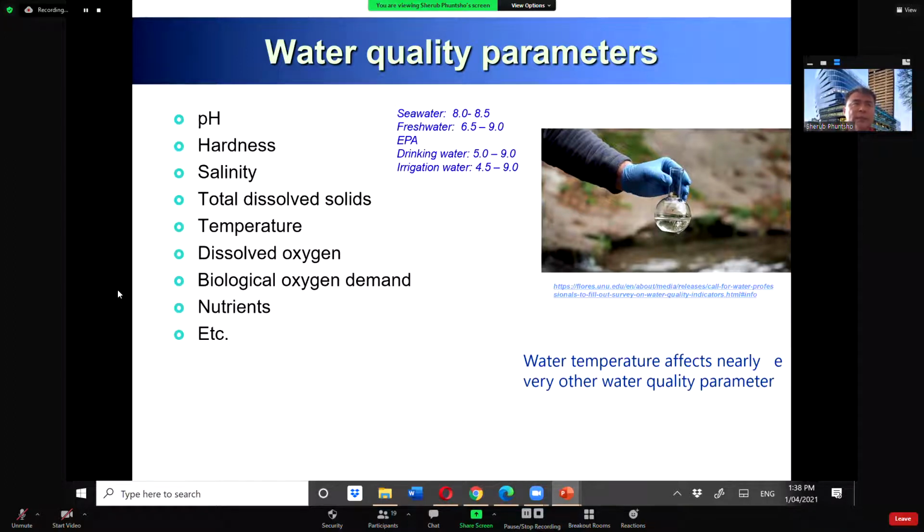And nutrients. This refers especially to nitrogen and phosphorus. Okay. There are many other nutrients as well, but nitrogen and phosphorus are the most critical nutrients that define the water quality parameters, because they have the potential to cause eutrophication. Eutrophication, as you know, is a kind of depletion of oxygen.